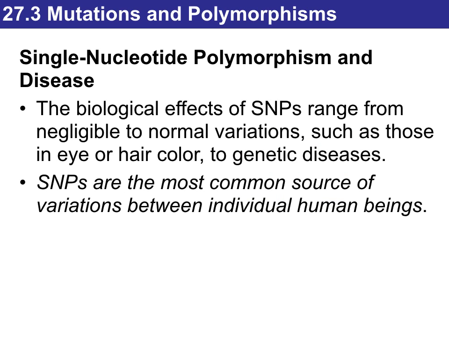So diseases associated with that, we call those SNPs. They range from negligible to normal variation, such as in eye color and hair color, but also genetic diseases.